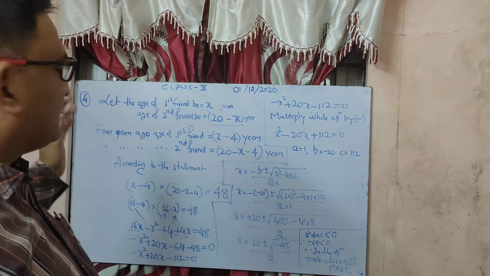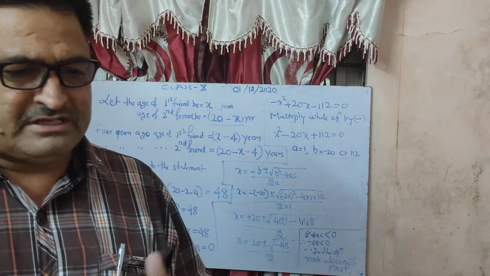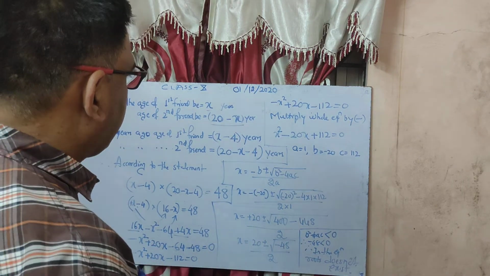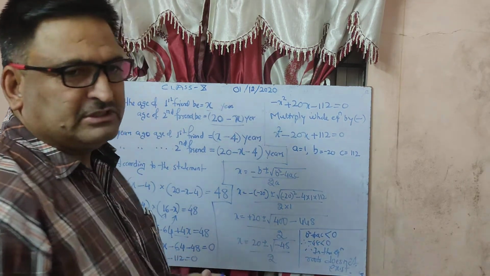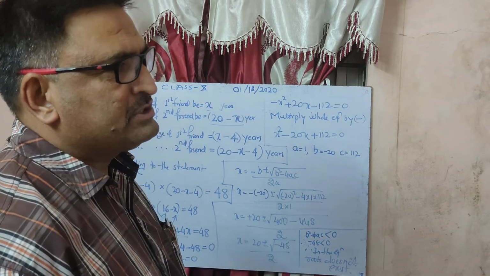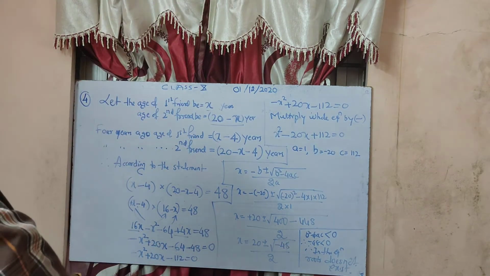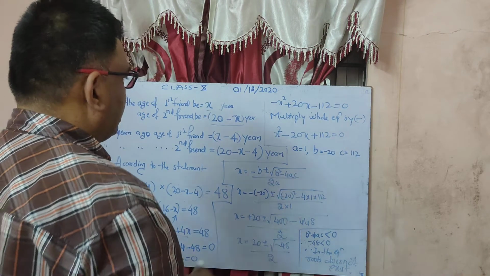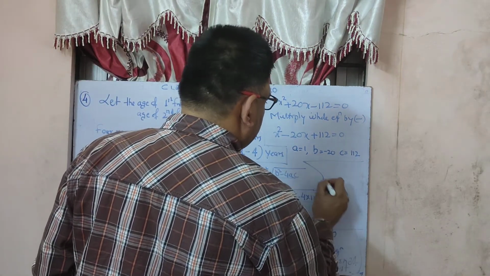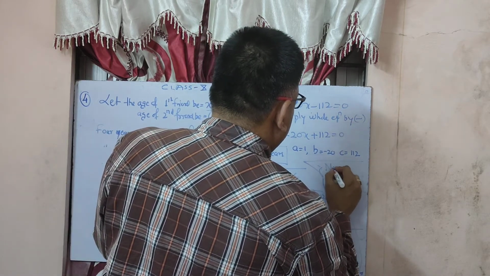So the answer will be, what is the question? Is the following situation possible? No, not possible. In the end you have to write that in the following equation, the situation is not possible.